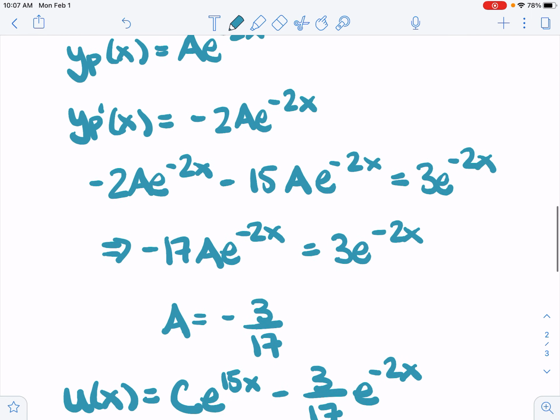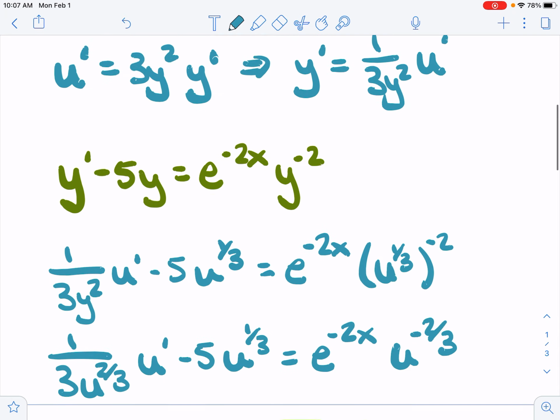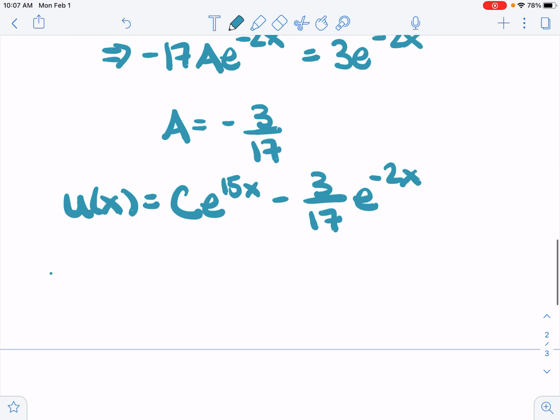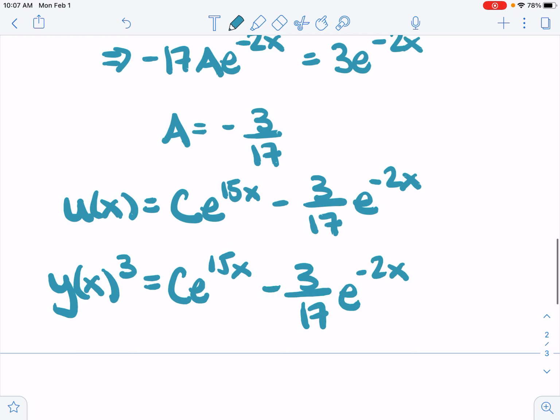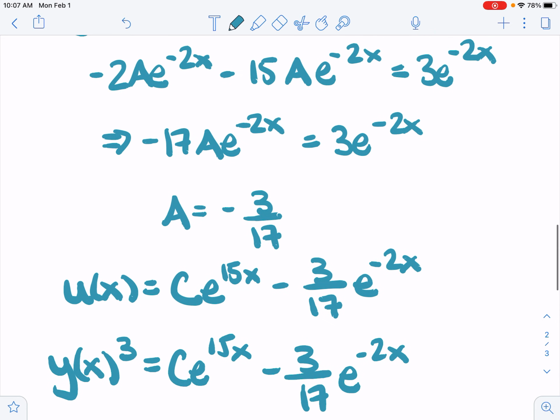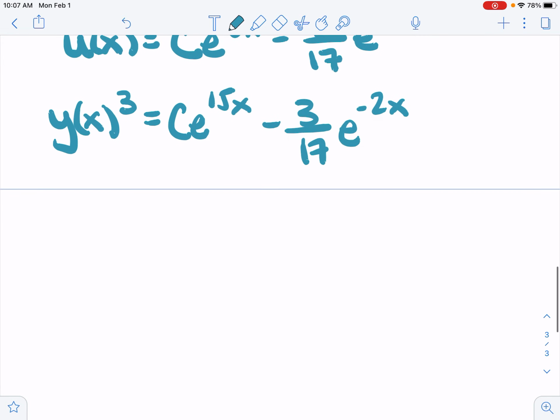And we do want to substitute back, so u is equal to y cubed. So this is y of x cubed equals c e to the 15x minus 3/17 e to the -2x. And finally, let's plug in our initial condition here. It was y of 0 equals 2.